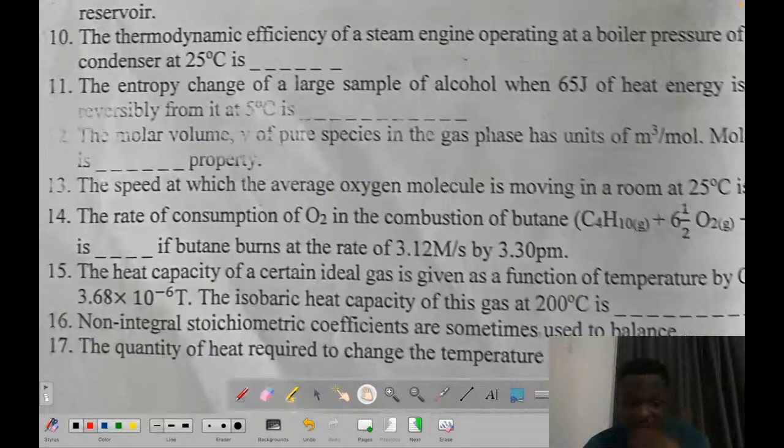Non-integral simply means something in a fraction form, like 1 over 2, 2 over 3, 4 over 5. Those are what we refer to as non-integral. So non-integral stoichiometric coefficients are sometimes used to balance chemical equations.